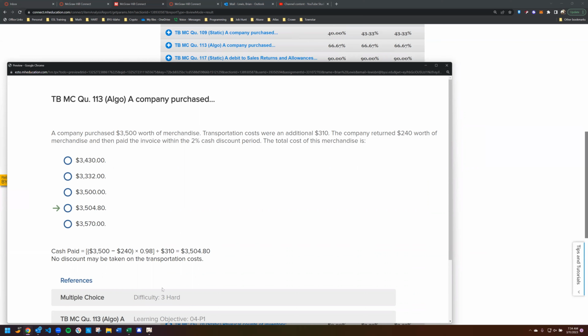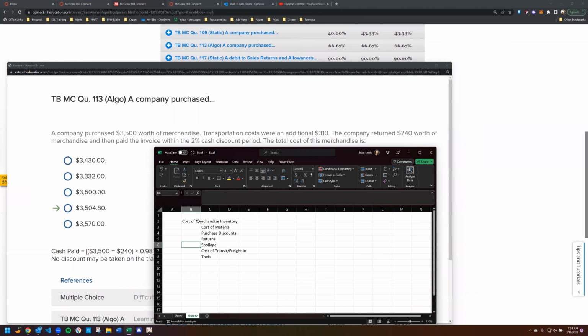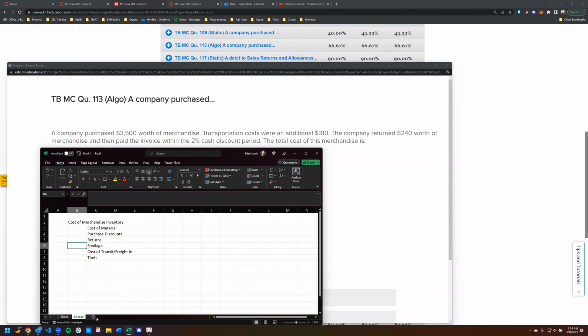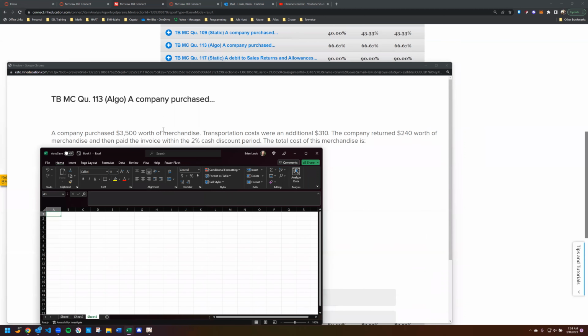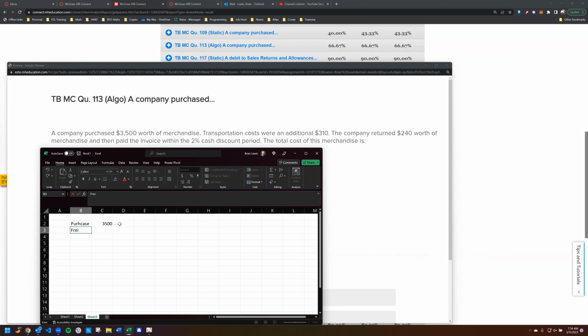A company purchased, close this up right here, don't know the values. Okay. Company purchased $3,500 worth of material. Let's put this purchase, 3,500. Transportation cost for an additional 310.